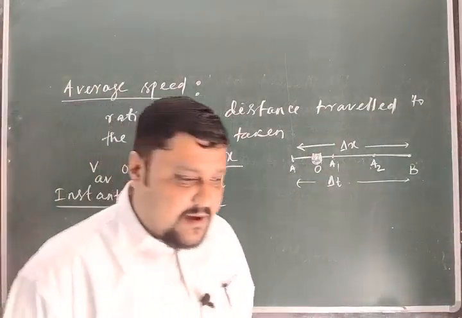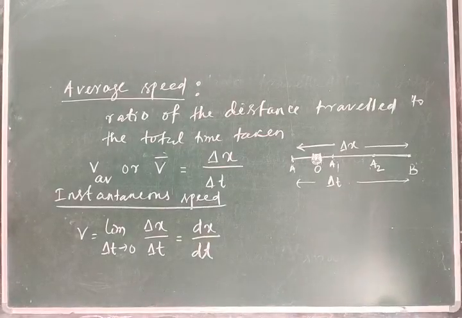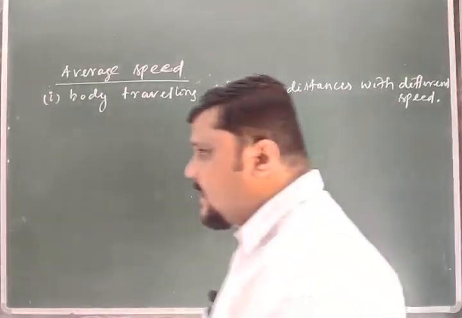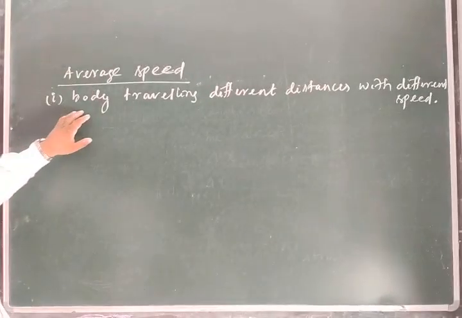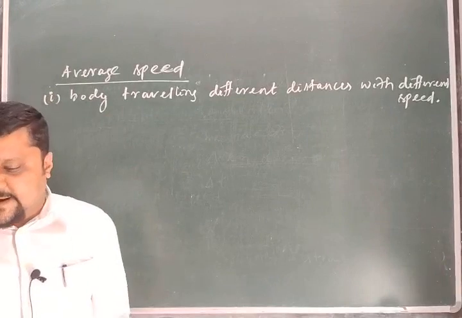Now let me go through some examples to calculate the average speed. Generally we will find this in problems and applications. Suppose a body travels different distances with different speeds.